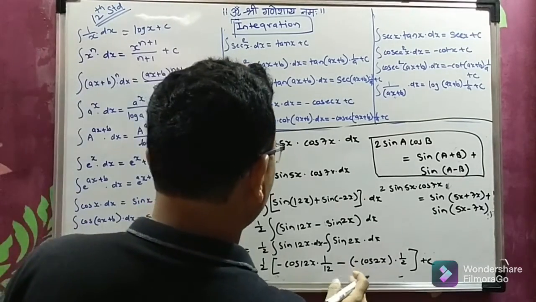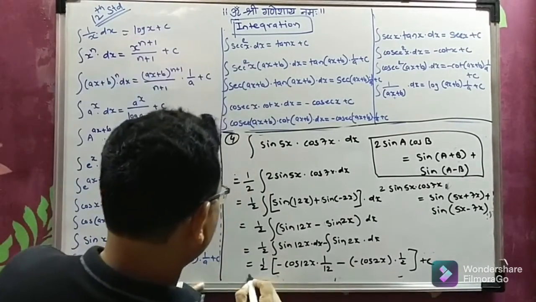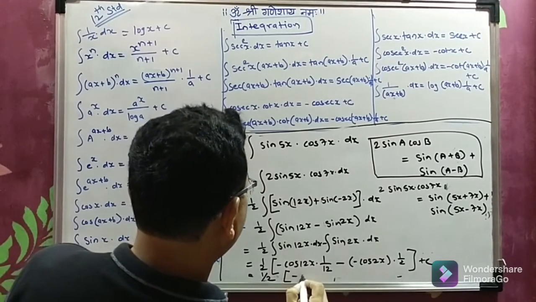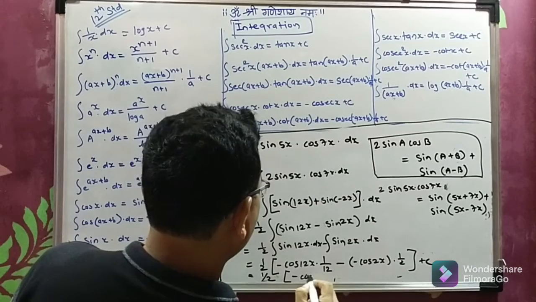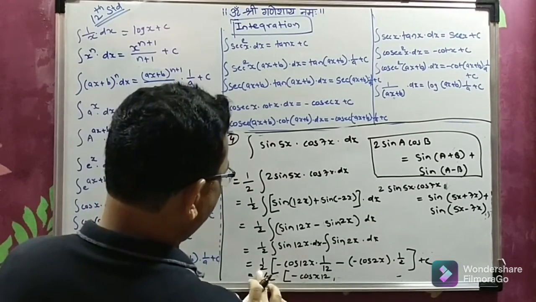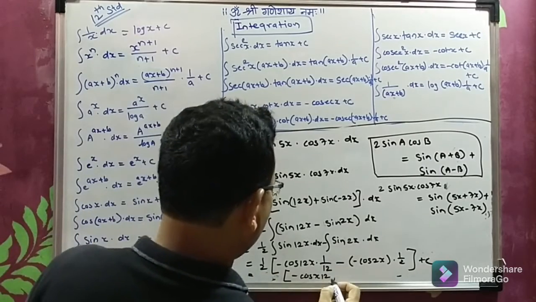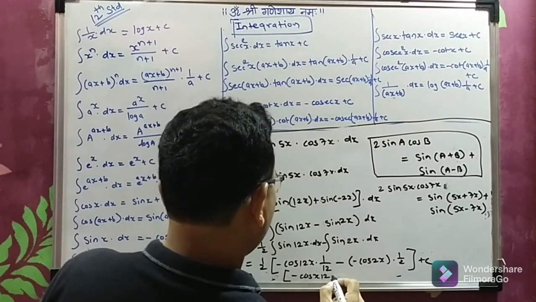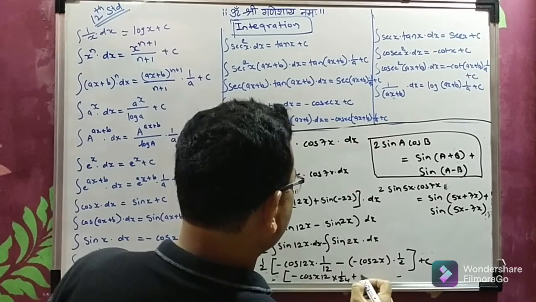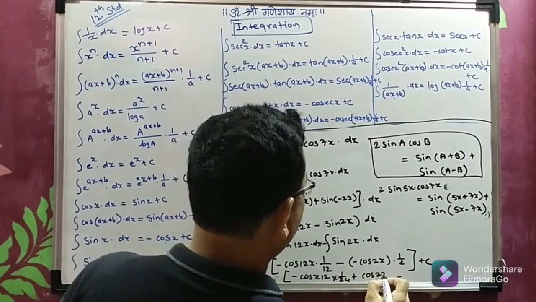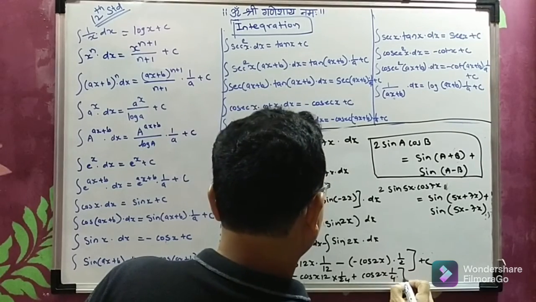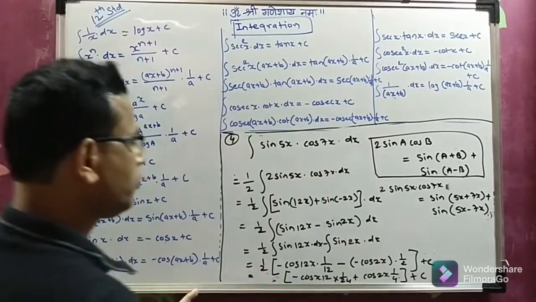Now this minus minus will get plus, so the answer will come 1 by 2, bracket minus cos 12x. I will multiply this 1 by 2 with this 1 by 12, so the answer will come here 1 by 24, minus minus gets plus, cos 2x into 1 by 4, plus c.